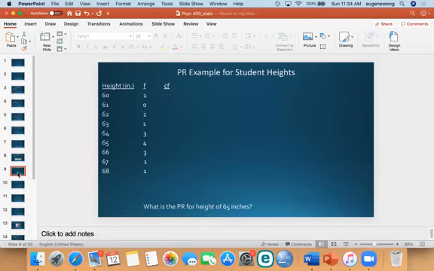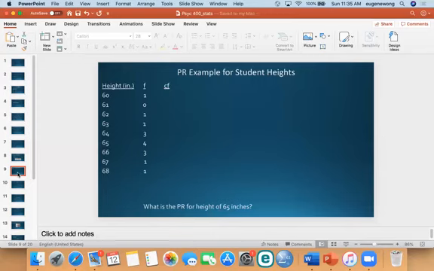The cumulative frequency at 61 inches is 1, because there are 0 kids who are 61 inches. There's 1 kid who is 60 inches. So the cumulative frequency is 1, because there is 1 total kid that is at 61 inches or less.